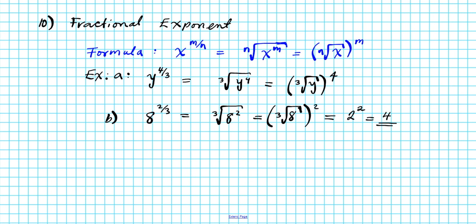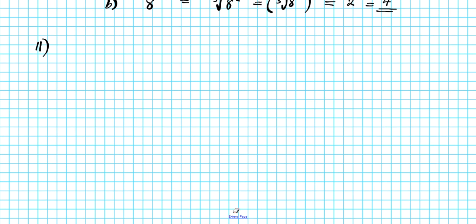Let's take a look at the last one, property number 11. This is known as the root of the same power property. What if you're taking the root of a power and the root and the power are the same value?